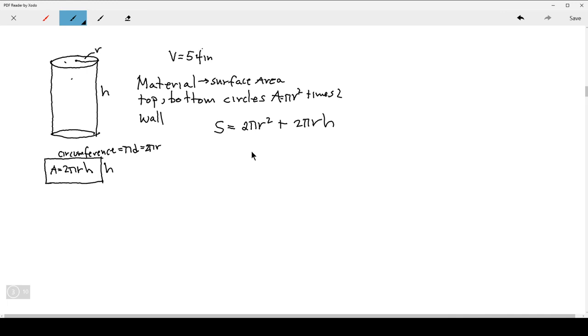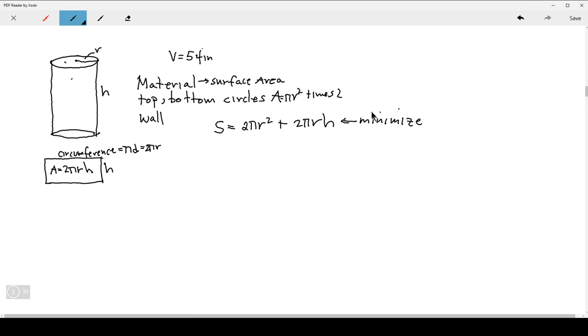Now we're trying to minimize the amount of material that we use, so we want to minimize S, the surface area.